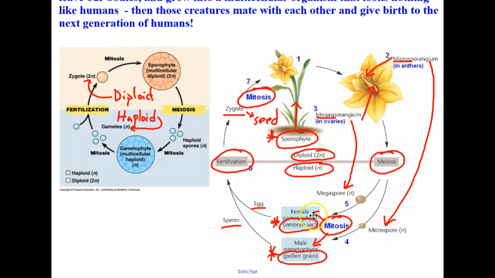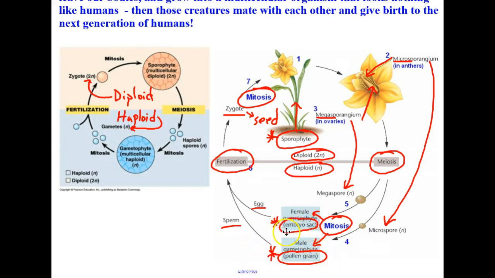The megaspore becomes the female gametophyte under the process of mitosis and produces an embryo sac. The microspore also undergoes the process of mitosis and produces the male gametophyte, which is the pollen grain.